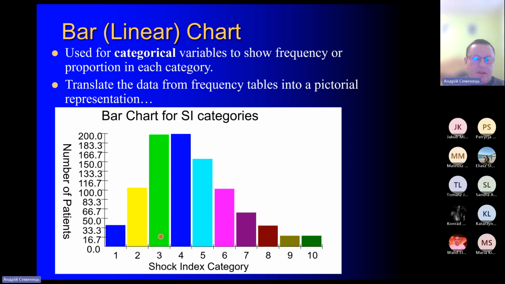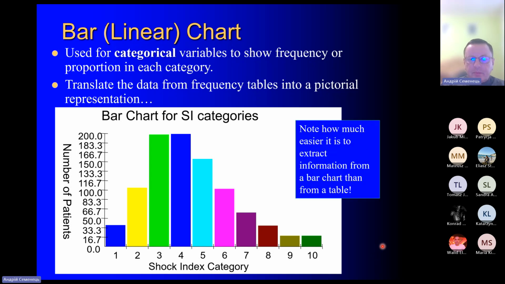So we have a specific number of patients that suffered from this shock index. It's good to depict it in the form of a bar chart, and we have this. In this case, we will have a frequency plot showing how often patients suffered from a particular shock index.